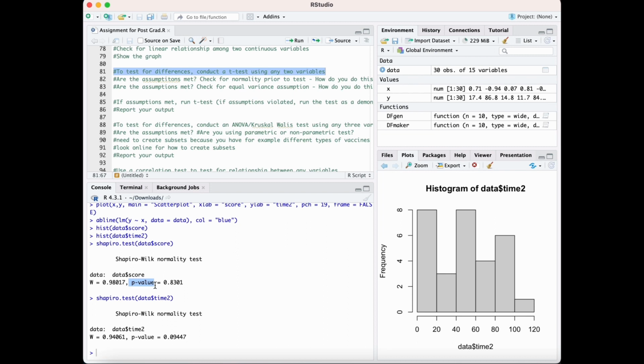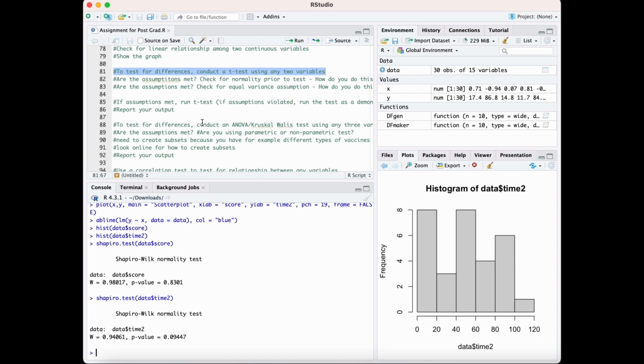It compares whether or not they are normally distributed. A p-value below 0.05 would indicate a non-normal distribution. But as you can see, both score and time 2 are normally distributed. So that's one assumption that is met.